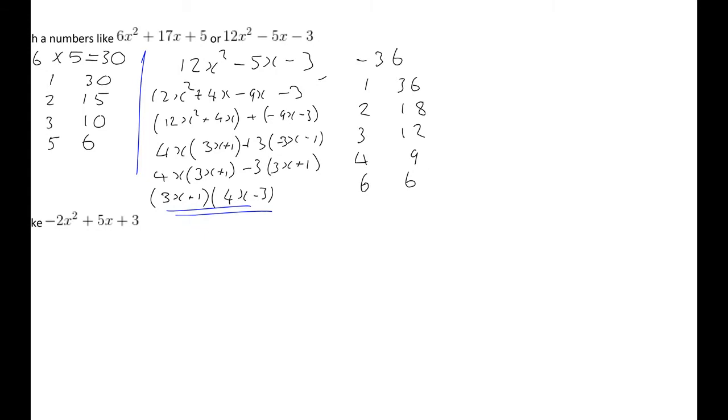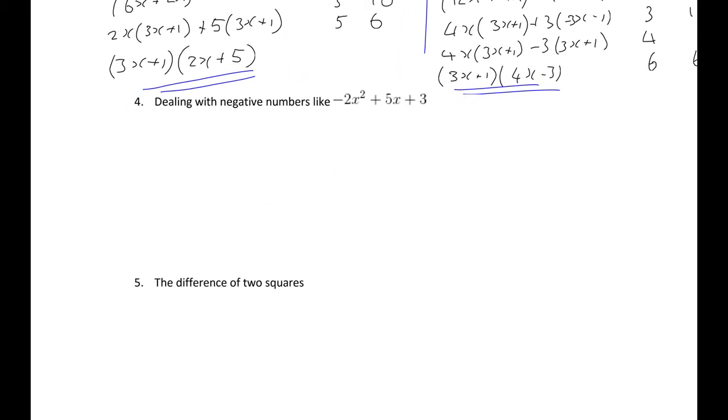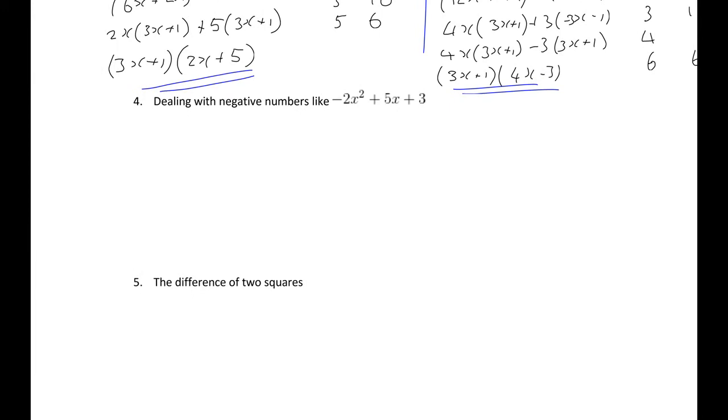Right, let's move on. Okay, dealing with negative numbers. Right, this sort of problem is actually solved in a very similar way to what we were just doing. So, we could go through and put a minus x and an x in, but it gets complicated and there's a much easier trick.